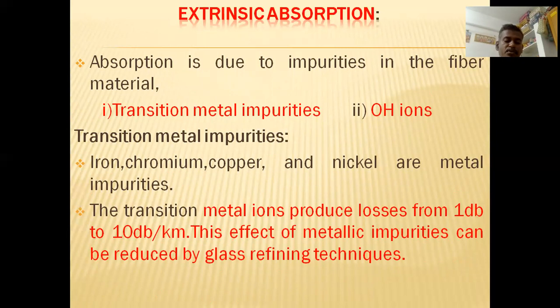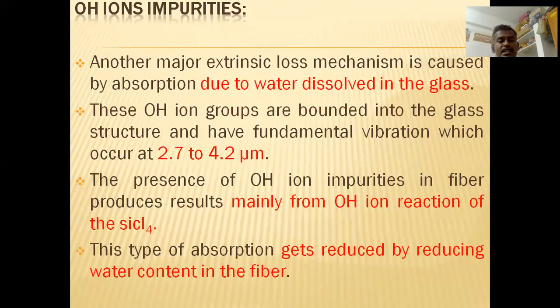The transition of metal ions produces losses from 1 dB to 10 dB per kilometer. So due to these metal impurities, losses of 1 dB to 10 dB per kilometer will arise.